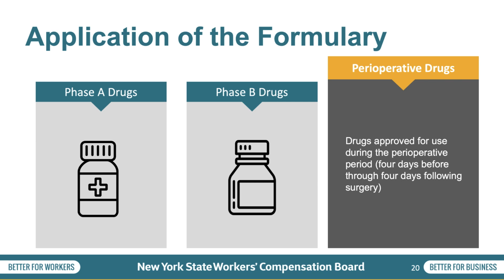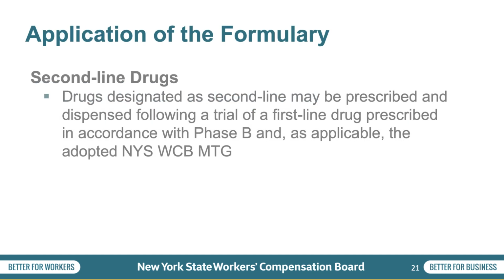The perioperative period is defined as 4 days before through 4 days following a surgery. As previously described, some Phase B drugs are designated as second line, meaning they can only be prescribed and dispensed following an unsuccessful trial of a first-line drug, prescribed in accordance with the applicable medical treatment guidelines.